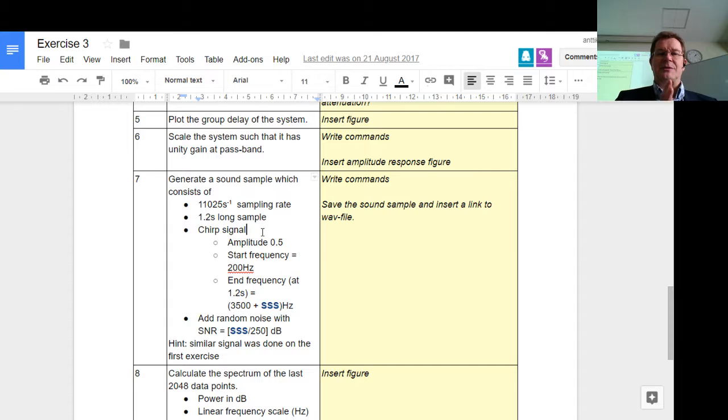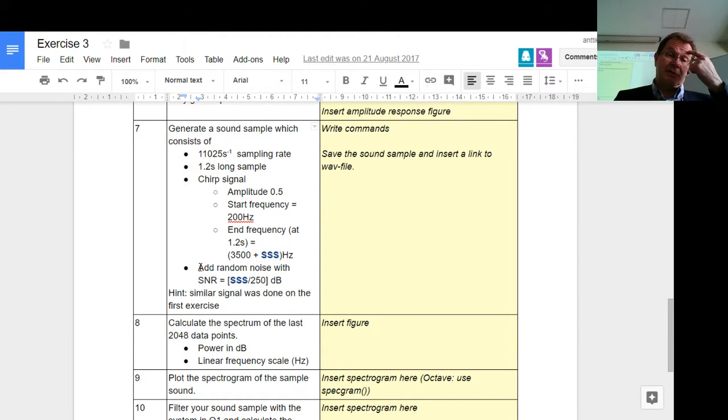This is going to be fun. Chirp signal, meaning a signal which has a varying frequency. It starts at 200 Hz and then ends at 1.2 seconds at frequency 3500 Hz plus your special number.